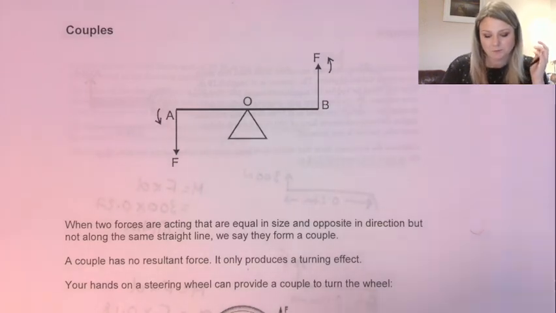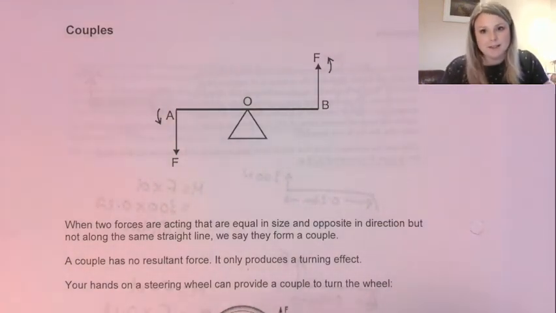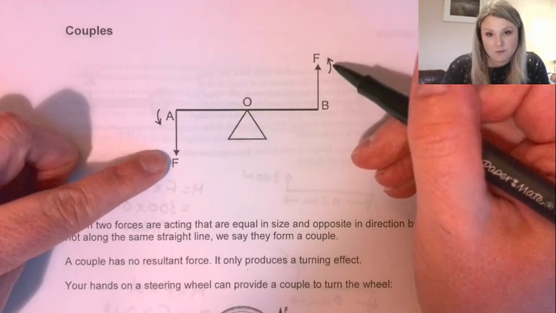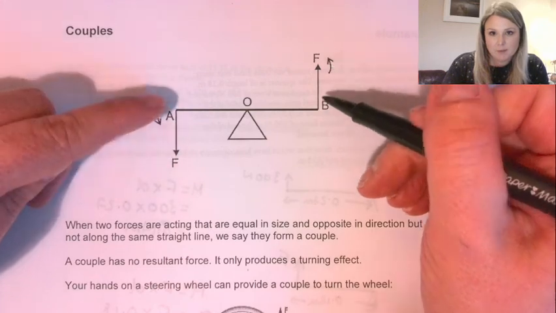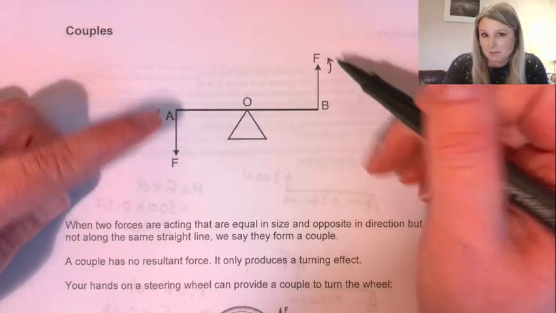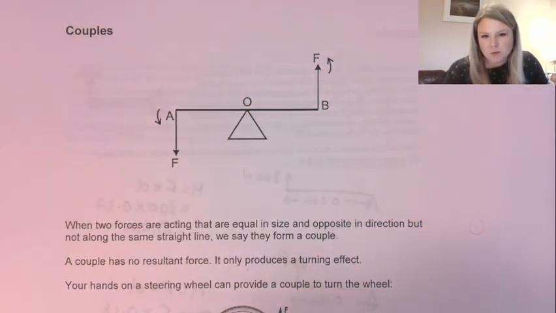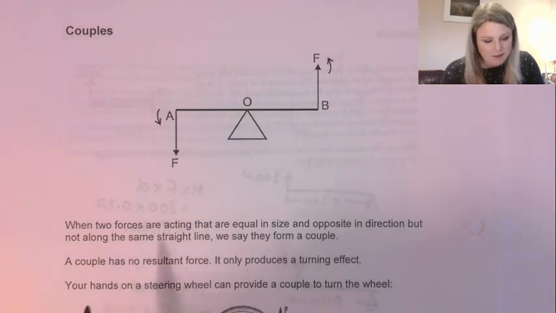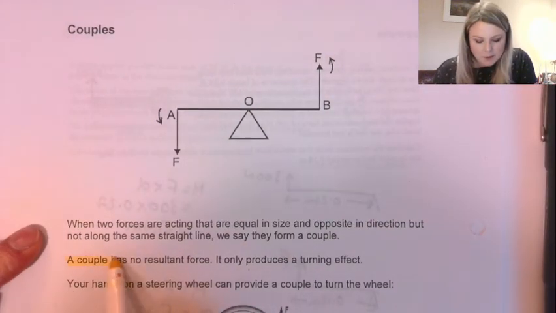Okay, so if you have something that has got two equal sized forces on it and they're acting in the opposite direction, but they're both rotating the object in the same direction, then they form a couple. I don't know if what I just said made sense, but I think this little sentence here explains it quite well.